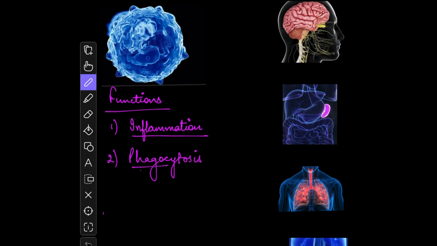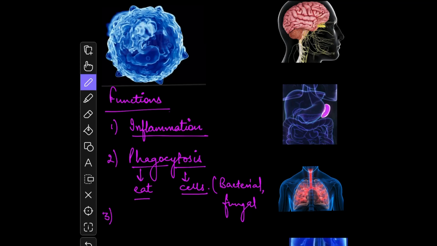It means phago means to eat and cytosis means cells. So if they eat bacterial or fungal cells, then we term it as phagocytosis. Now this is an important one because they help in the defense mechanism.